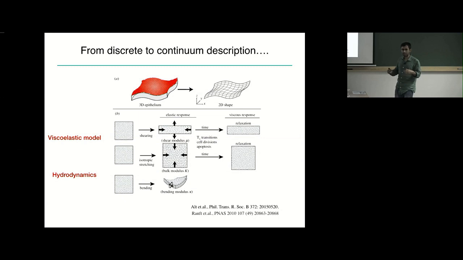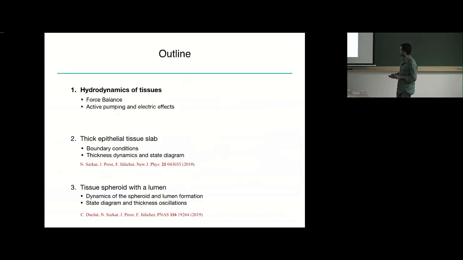So if you shear, stretch, or bend the tissue, you will have elastic relaxation at short times. But then there will also be T1 transitions, cell division, cell apoptosis, which take place over longer times, and you will have some viscous response. Generally, this kind of viscous long-time behavior is very well modeled using hydrodynamics. So we will use hydrodynamics in the model, as I'll show in the future slides.